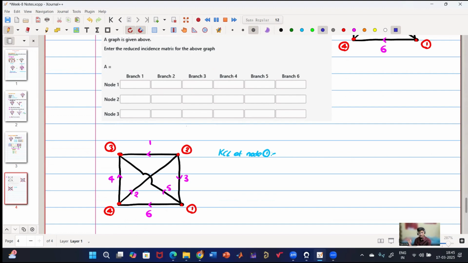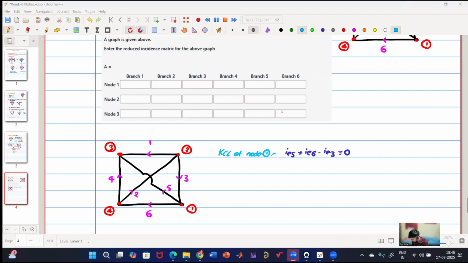So current leaving is positive, current entering is negative, right? Yes, sir. Then I5 plus I6 minus I3 is 0. IE5 plus IE6 minus IE3 equal to 0. Agree, everyone? Because someone has mentioned in the chat, yes, sir.